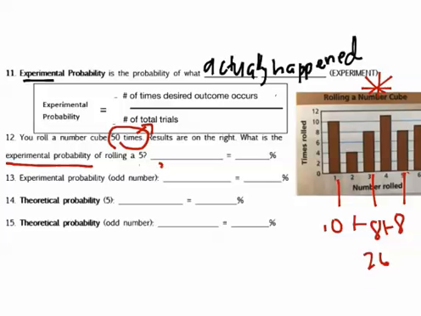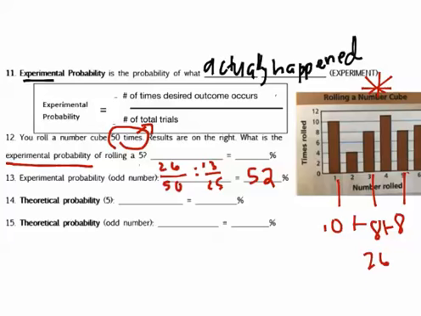So the number of times the desired outcome, or what the question asks for, an odd number, occurs is 26. And we still have 50 trials. That can be reduced, and you get 13 over 25. Go ahead and put that in your calculator. Divide 13 divided by 25. You should get 52%.